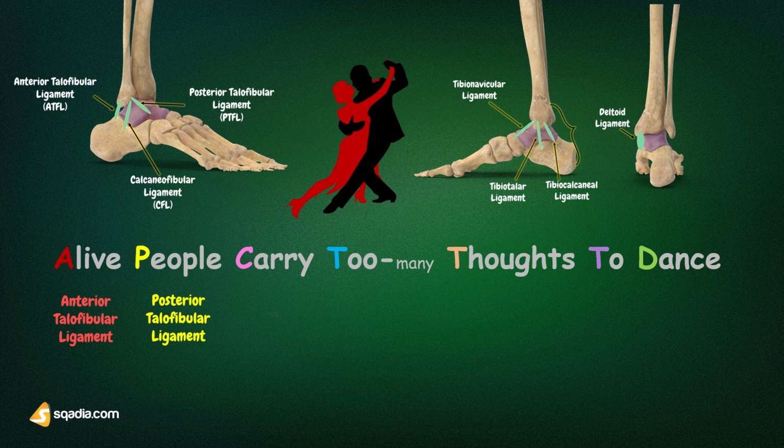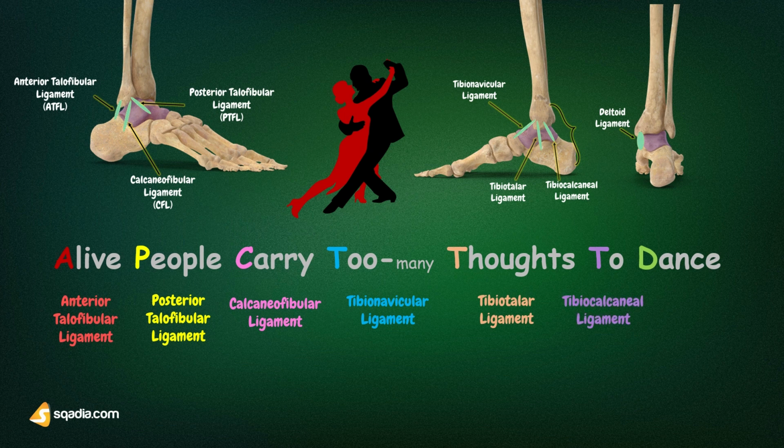C is for calcaneofibular ligament. T is for tibionavicular ligament. Second T is for tibiotalar ligament. Another T is for tibiocalcaneal ligament. And D is for deltoid ligament.